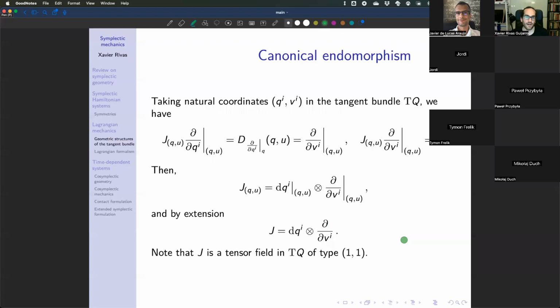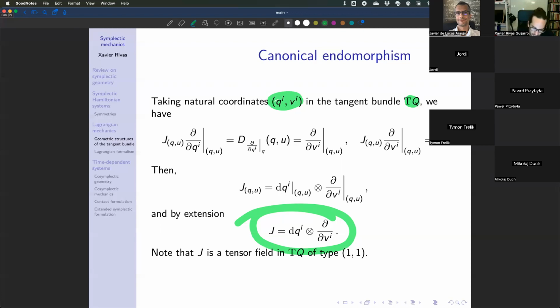Okay. So in local coordinates, what does this thing look like? Taking natural adapted coordinates in the tangent bundle, this canonical endomorphism looks just like this. Here you can see how it turns any vector field into a vertical vector field, and how it turns any vertical vector field to 0.